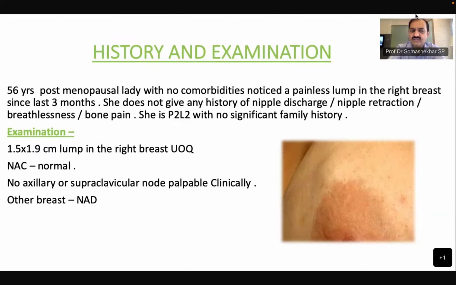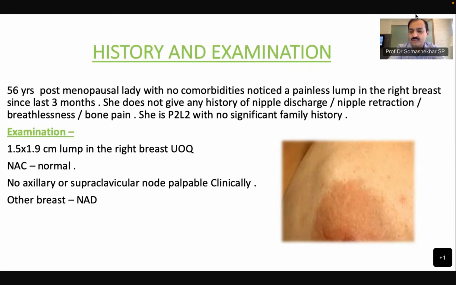So, this lady has no features of systemic metastasis like breathlessness, bone pain. She is para 2, living 2, with no significant hereditary breast cancers or family history of breast cancer. You know, P53, Li-Fraumeni syndrome, HBOC panel, all of them. Now, if you see the photo there, she has a 1.5 into 1.9 centimeter lump in the upper outer periareolar area of the right breast.